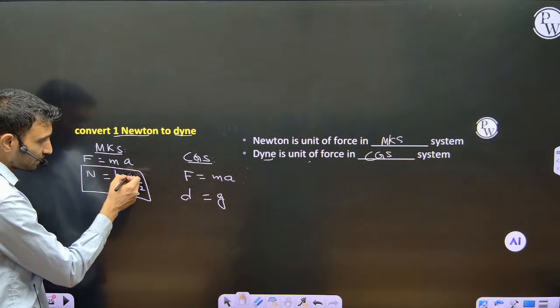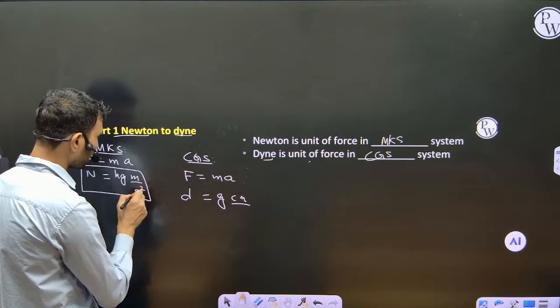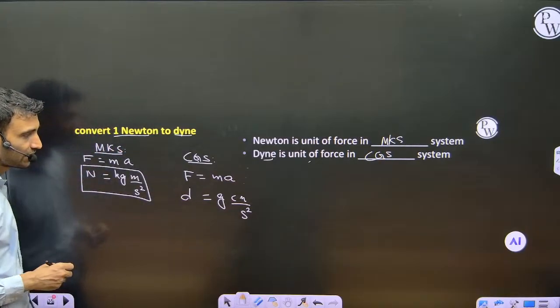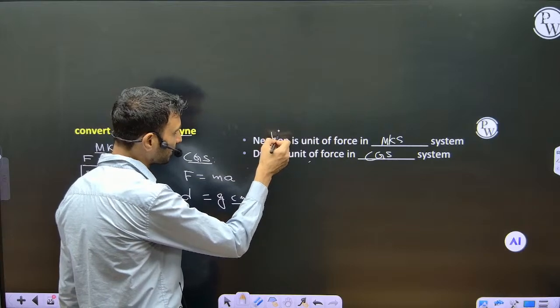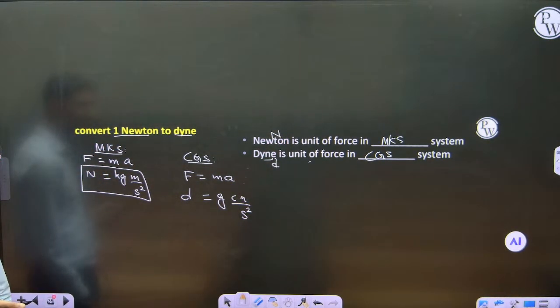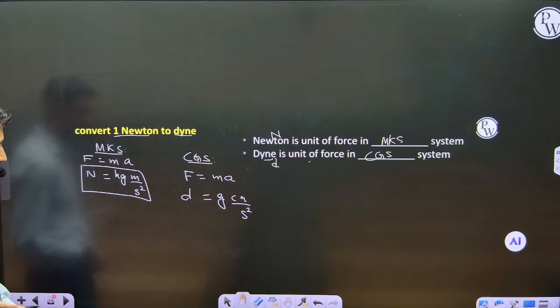Acceleration will be, not meter, instead of meter you will have centimeter, per second square. Second will remain second only. So we get that dyne, that is represented by the letter D, Newton by the letter N. So dyne is equal to gram centimeter divided by second square, right?